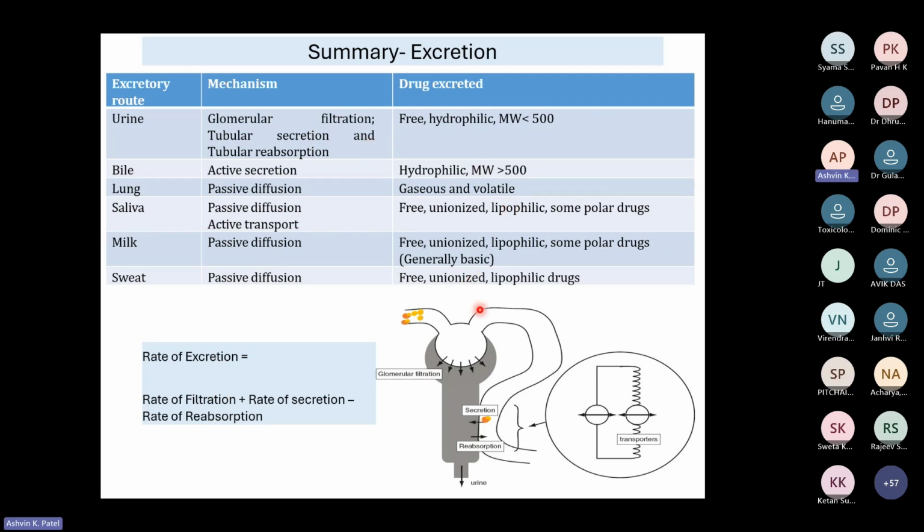And the drug is excreted with the help of these mechanisms. The rate of excretion is calculated as the rate of filtration from the glomeruli plus the rate of secretion from the renal tubules minus the rate of reabsorption, which gives the exact rate of excretion.